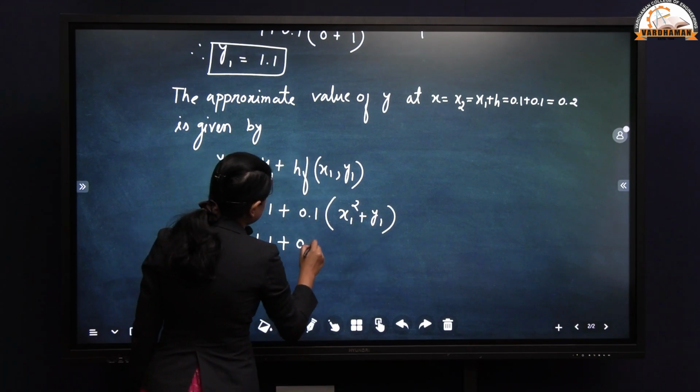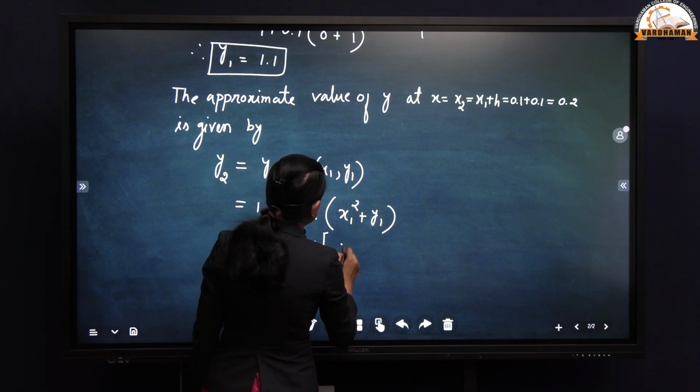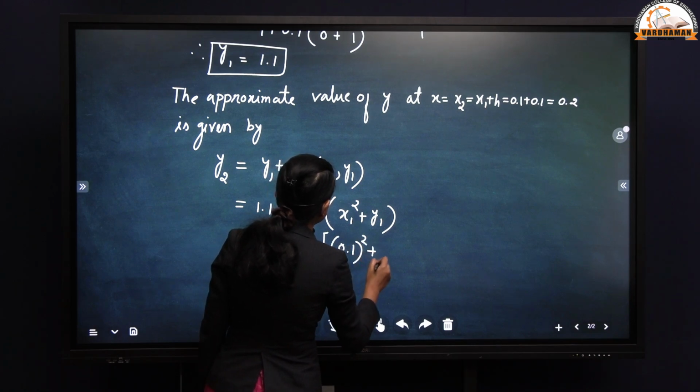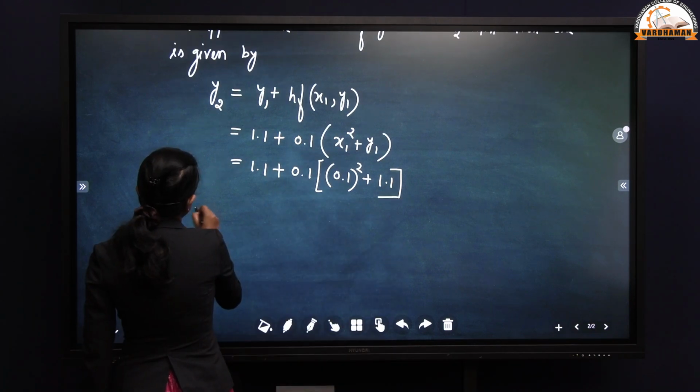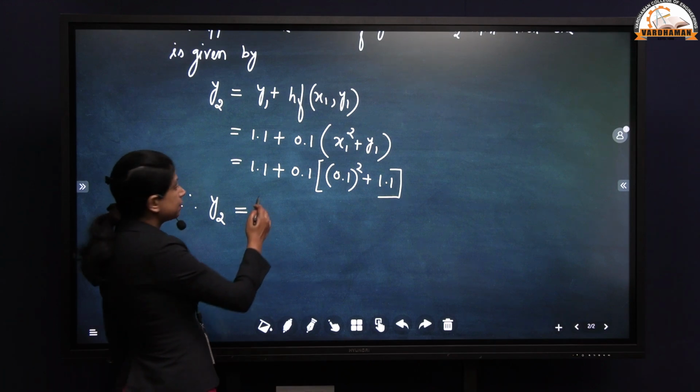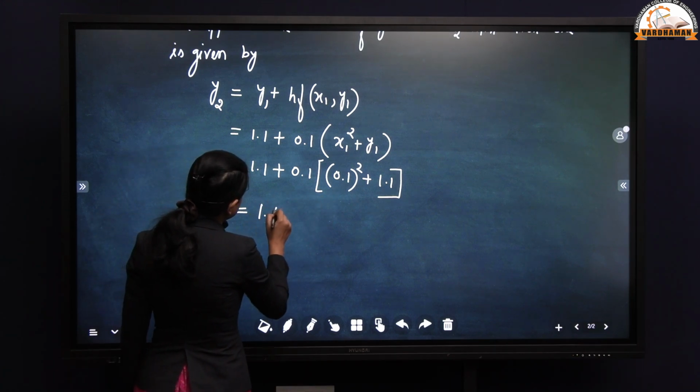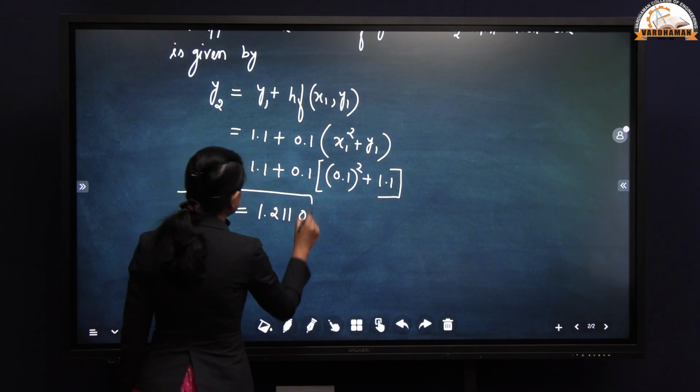That is 1.1 plus 0.1 into x1, which is 0.1, whole square, plus y1, which is 1.1. Therefore, y2 is equal to, if you compute this, you will get 1.2110, which is the y2 value.